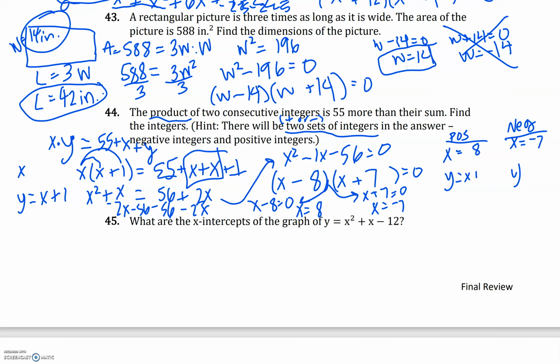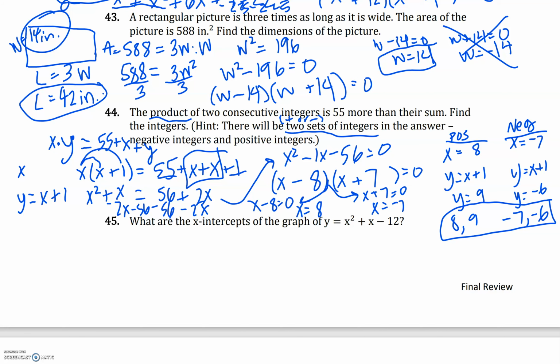So if y is 1 more than that, y for the positive would be 9, and for the negative, negative 7 plus 1 will be negative 6. So our pairs of integers are 8 and 9 for positive, and negative 7 and negative 6 for negatives. Those are two sets of answers for number 44.